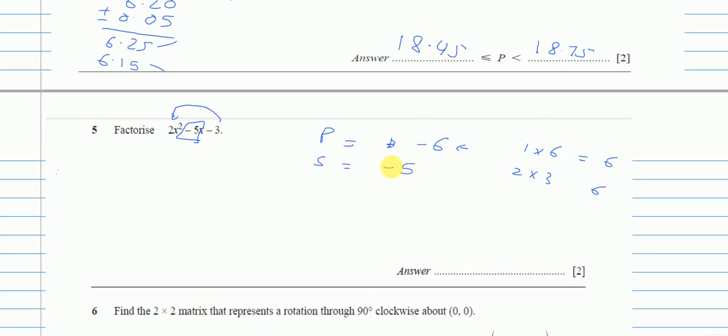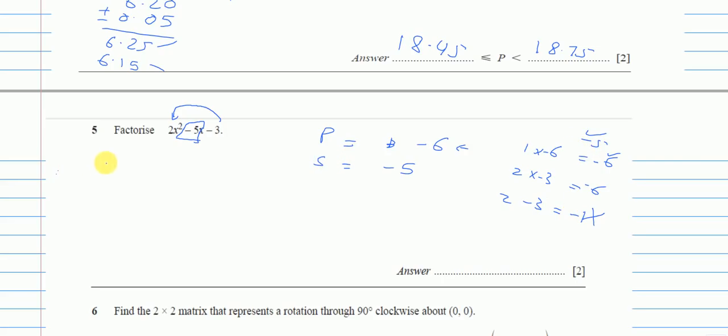If the sum was positive, then the larger number would have to be positive. 1 times minus 6 is minus 6, and 1 minus 6 gives us minus 5 as well, so we will take these. What about 2 times minus 3? It is minus 6, but 2 minus 3 will give us minus 1, which is not what we are looking for. We were looking for minus 5 when it comes to the sum.